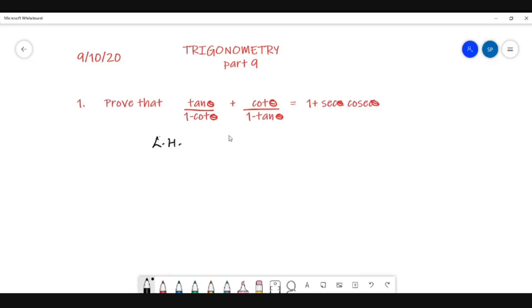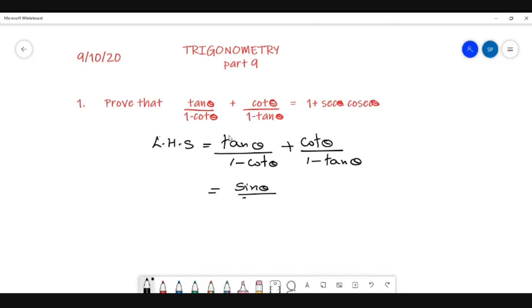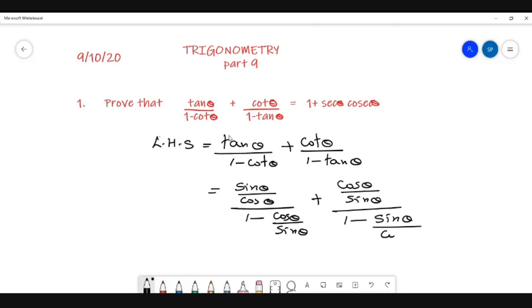We have the LHS of the equation as tan theta divided by 1 minus cot theta plus cot theta by 1 minus tan theta, that is sin theta by cos theta divided by 1 minus cos theta by sin theta plus cot theta, which is cos theta by sin theta, divided by 1 minus sin theta by cos theta.